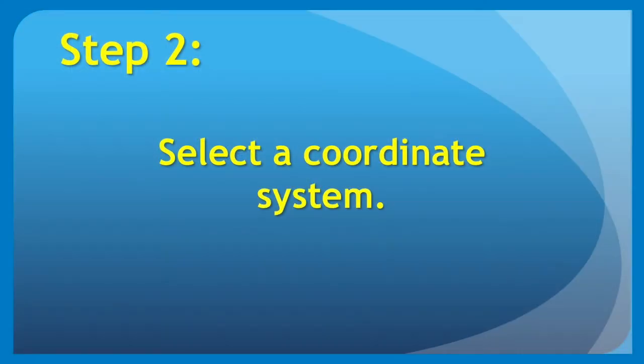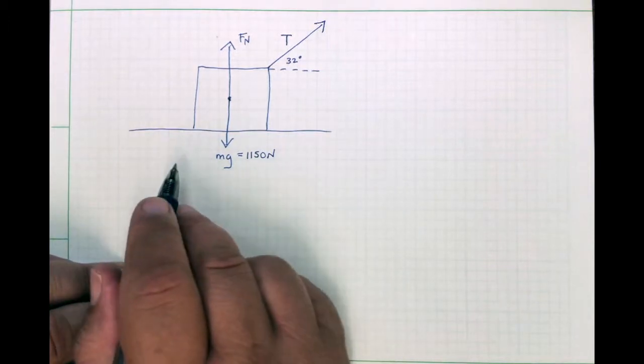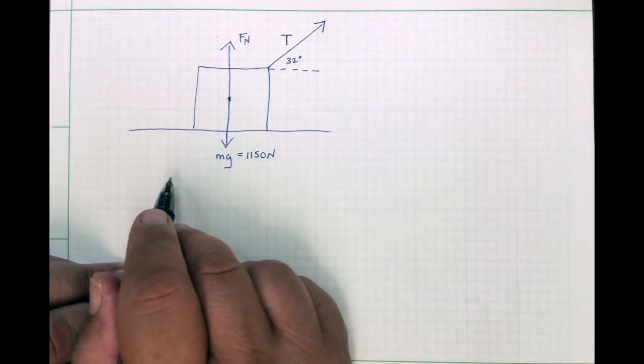The second step in the problem-solving process is to select a coordinate system. In other words, what do we mean by the x direction? What do we mean by the y direction? And what is positive and negative along both of those axes? It's usually a good idea to have the positive direction be the direction that the object is going to move.